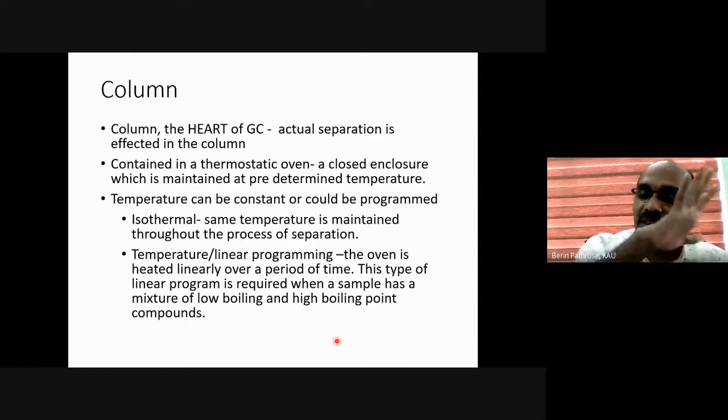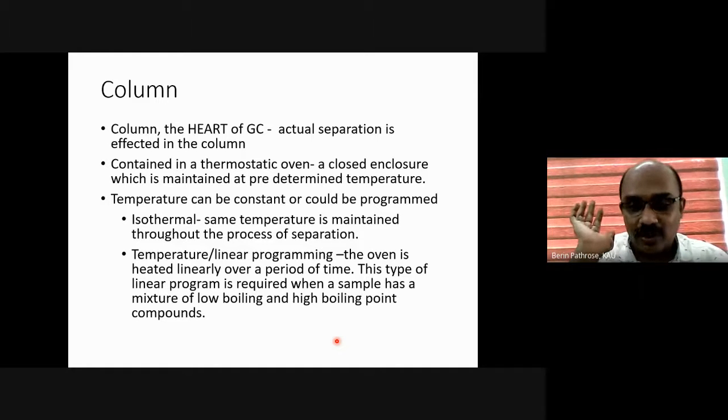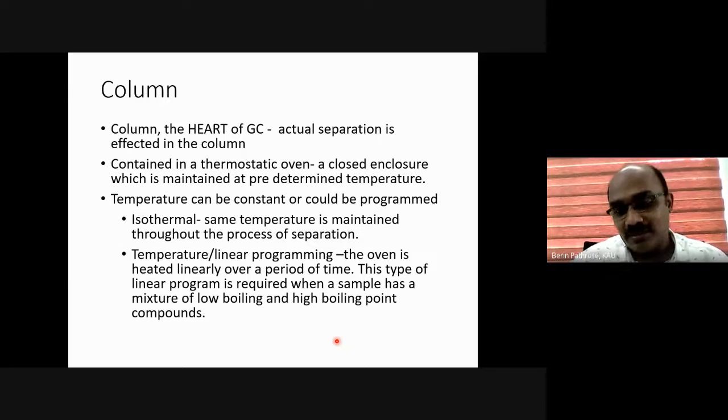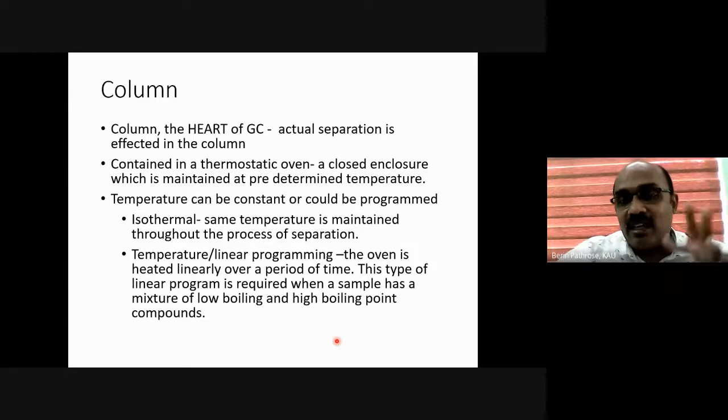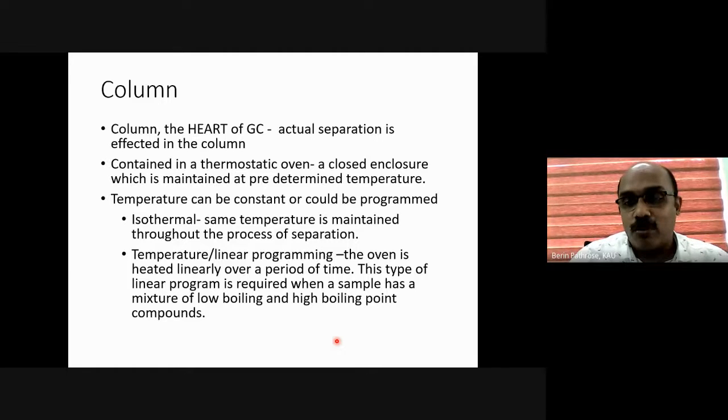So if you are keeping the injector temperature at 300, the oven temperature also should be at 300. Immediately after injection at 300 degrees Celsius, the compound which has a low boiling point of 100 degrees immediately vaporizes. It quickly passes through the column along with the mobile phase.